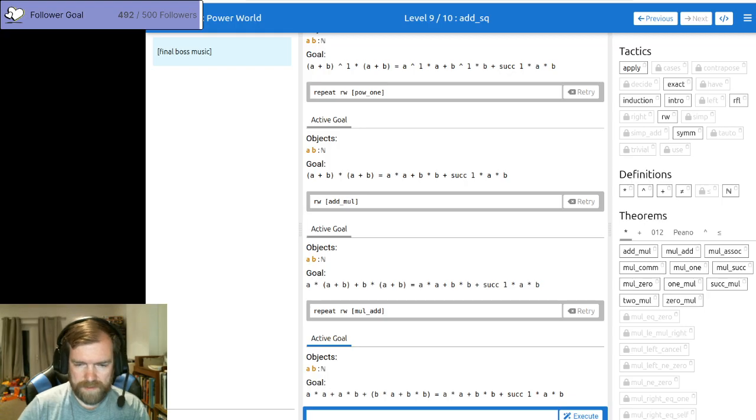Ooh. Rewrite. We need the first one is gonna be multiplicative commutativity of b times a.